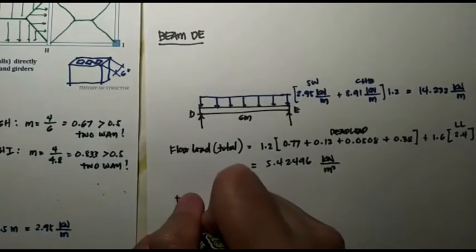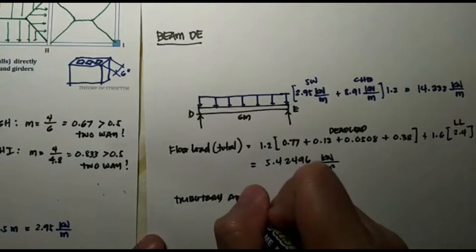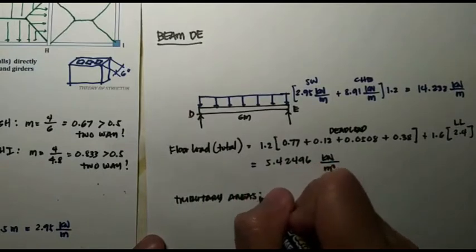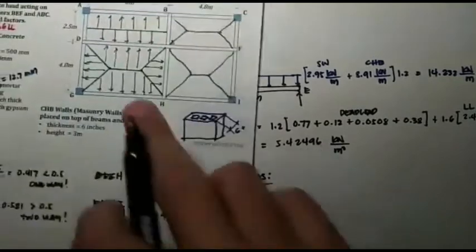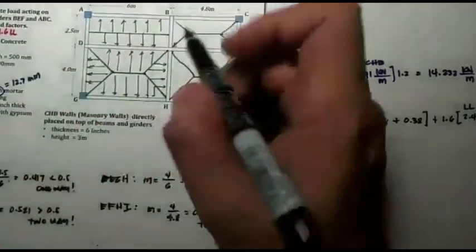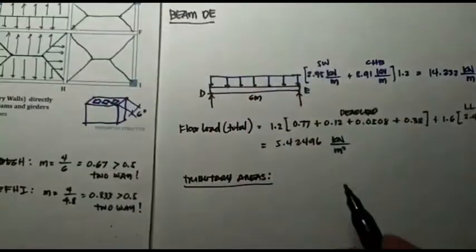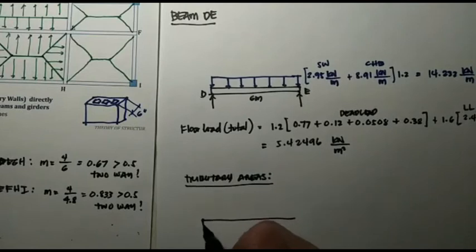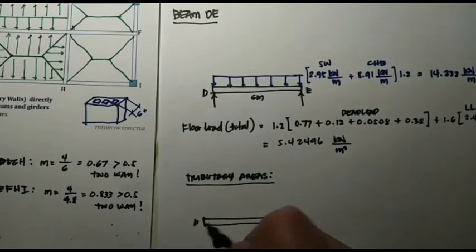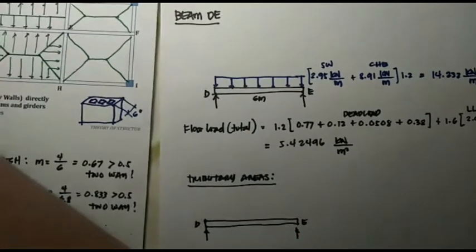So what are the tributary loaded areas? Yung una, ito yung member DE, meron tayong rectangular area here. Ito yung beam natin, yung DE, assume simply supported. Tapos ito yung area.